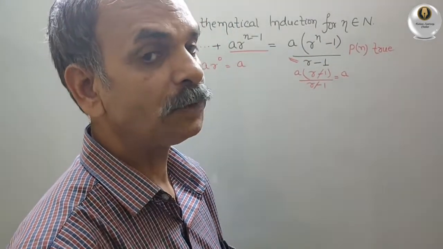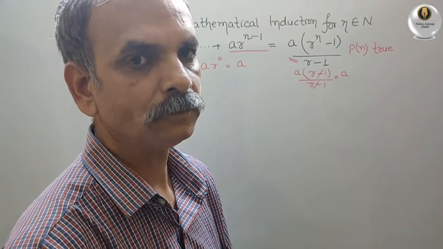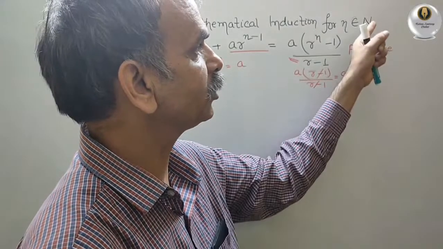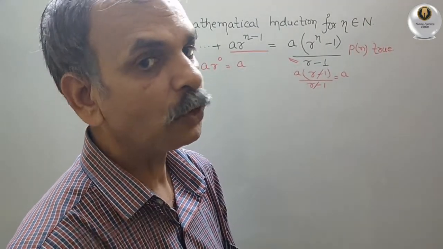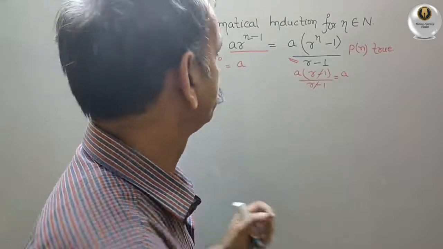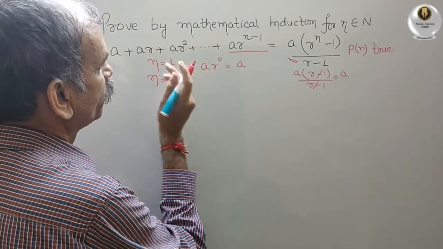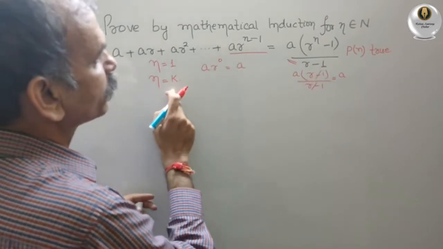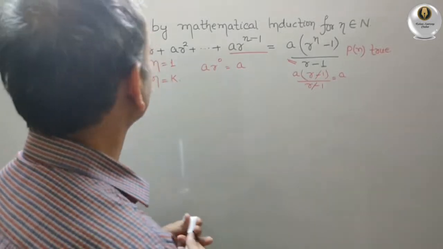Now we have to assume that n is nothing but k, and k is nothing but your natural numbers. For that what we have to do? n is equal to k. Now substitute this value in your equation.